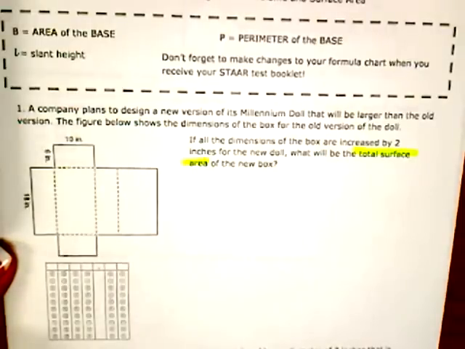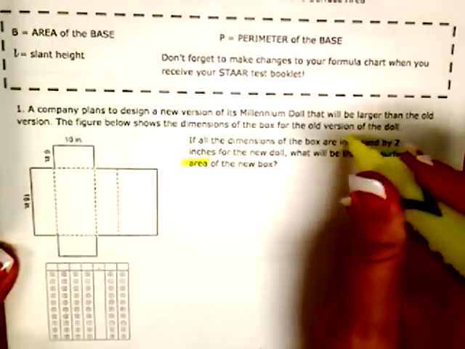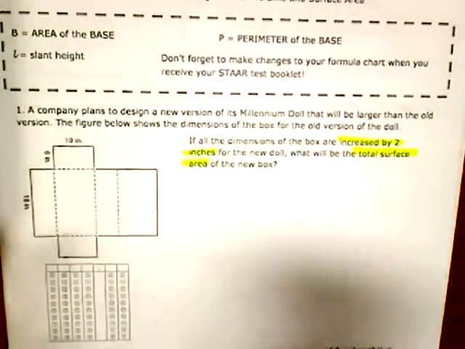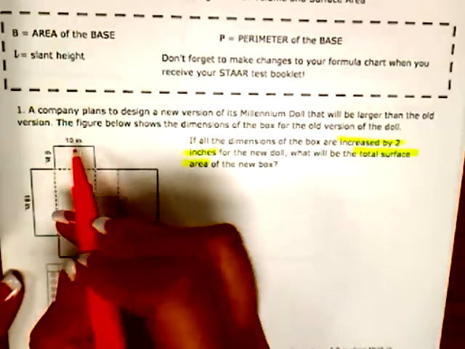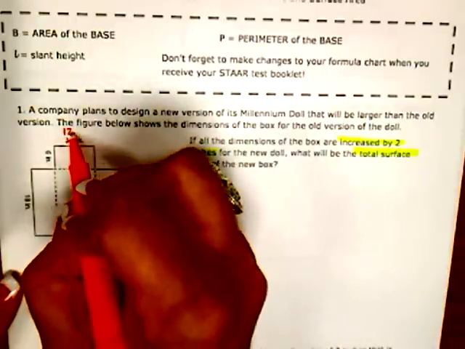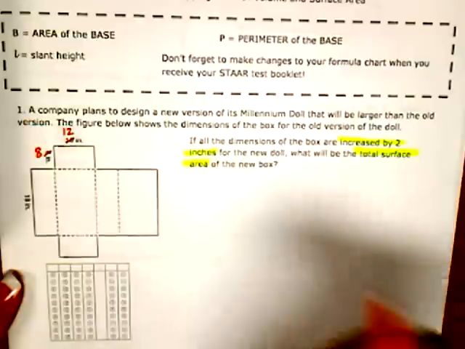and I know that all of the dimensions are being increased by 2 inches. So the very first thing I need to do is increase my dimensions by 2 inches. So here, instead of 10, it will be 12. Here, instead of 6, it's going to be 8 inches.